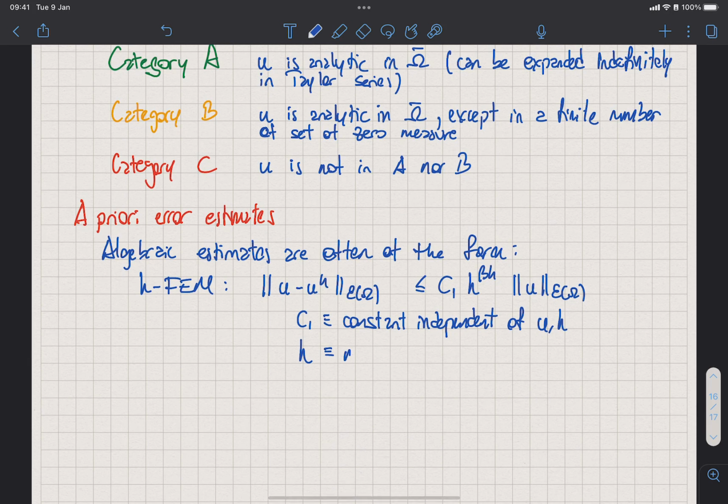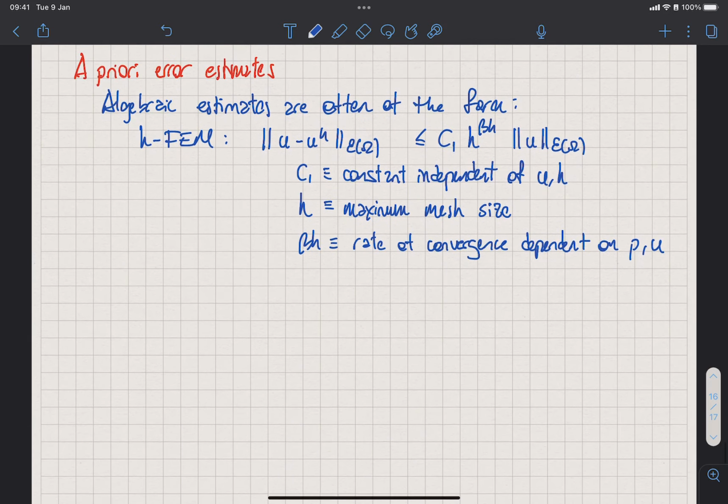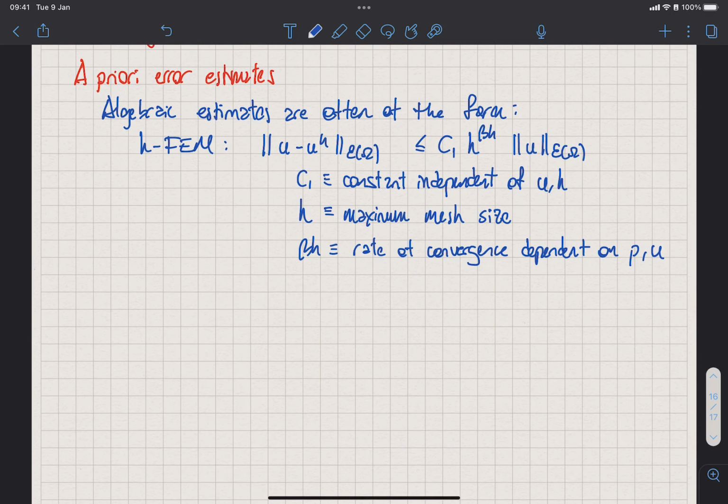And beta_h is the rate of convergence. That is dependent on the polynomial order that we are using, p, and of course the regularity of the solution, u. That is for h-FEM. Now in p-FEM, of course, this expression makes absolutely no sense.